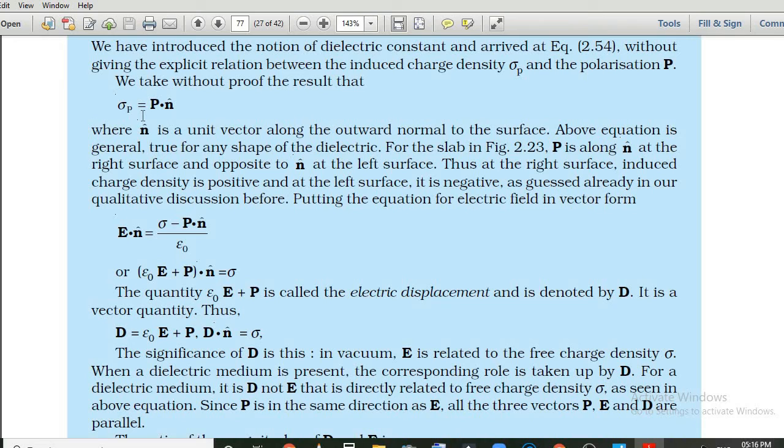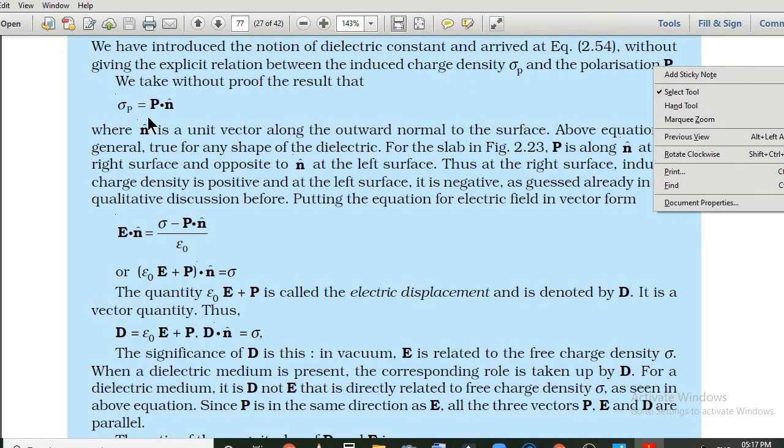Therefore, even if there is an external electric field, nothing is there to polarize. Therefore, there will not be dipole moment per unit volume, or sigma p. Therefore, there will not be P. Then what will happen to this equation, epsilon 0 E plus P? In that equation, P will become 0. If P is 0, then D is equal to epsilon 0 E. That is, epsilon 0 E is equal to sigma.